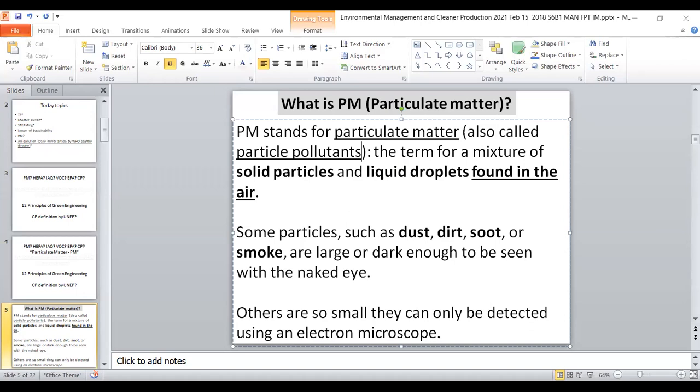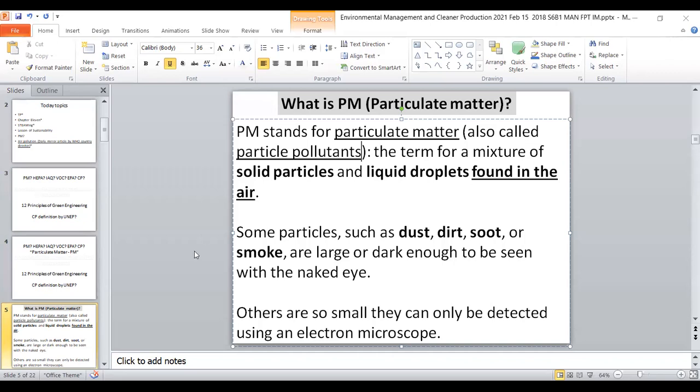These particles can be the bigger ones we can see, dust particles, dirt particles, soot, or even smoke. Those are large enough. There are other small particles as well, some bacteria, some viruses, and tiny chemicals and toxins.